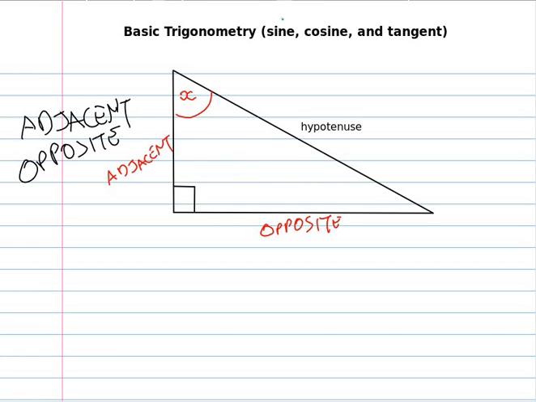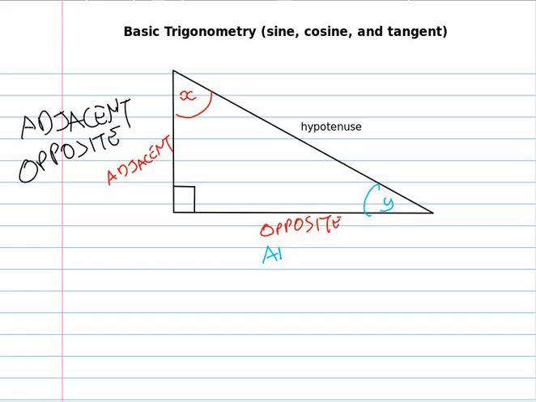Now, let's just say, for example, we're looking at this angle, and let's call this angle Y. Now, the side which is adjacent to Y is actually this side.